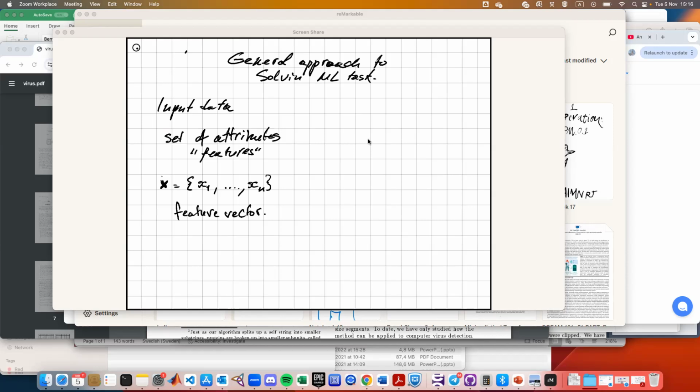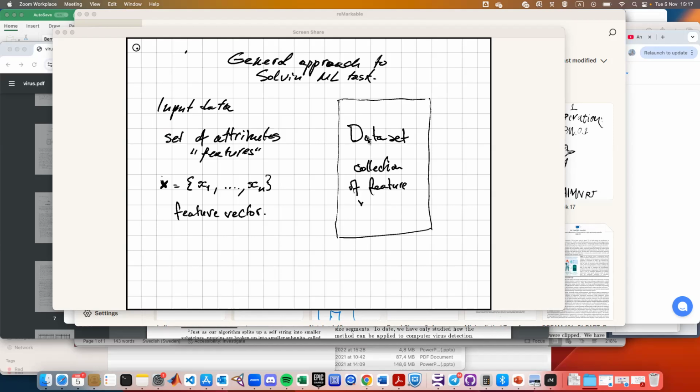But nevertheless, what you have as an input is a collection of these feature vectors, which is a data set. So far, quite obvious information.